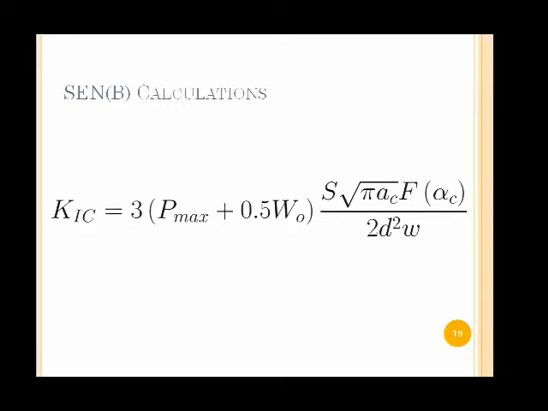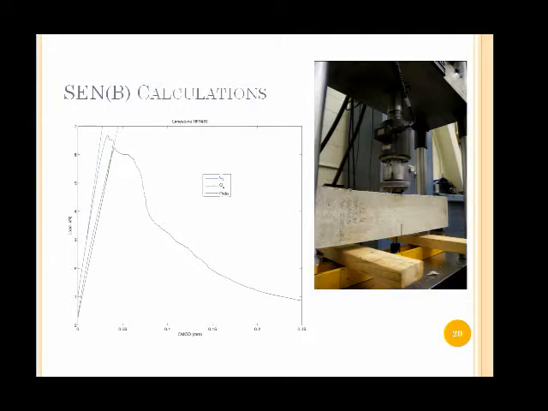And because this beam is only simply supported, we have to account for the actual weight of the beam also. So this value right here is accounting for that. And we have the span, we have pi, we have our now critical crack extension, and then we have the F geometric correction factor using that critical crack extension value. And when we calculate all that, we get nice values.